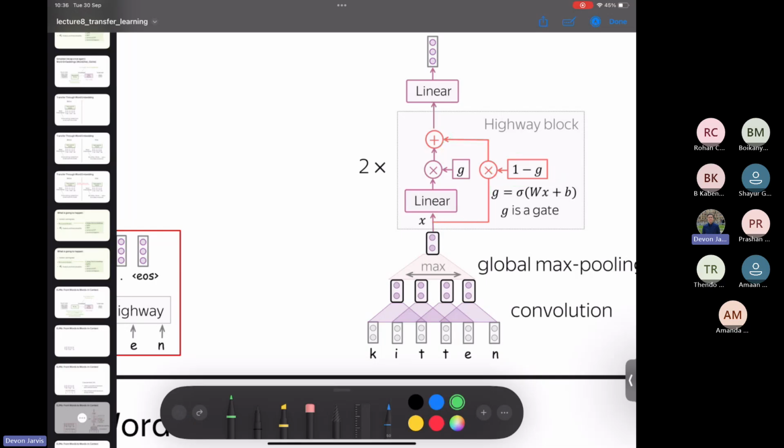So ultimately, what we're doing is we're taking W times X. That's this green pathway over there. And then we're adding back in X. That's the blue pathway over here. And then we just need to do our different weightings, which is 1 minus G over there and G over there. That is the full highway block.